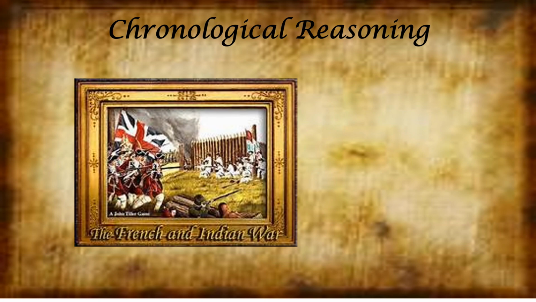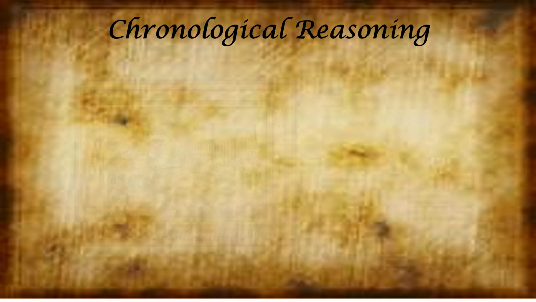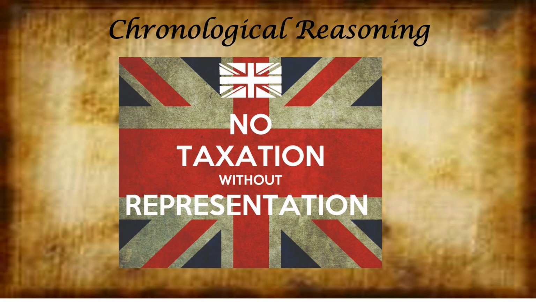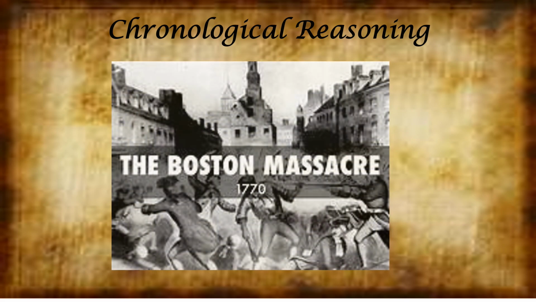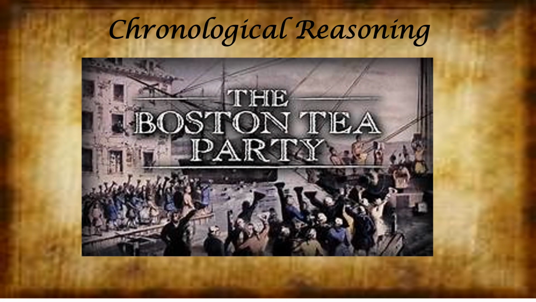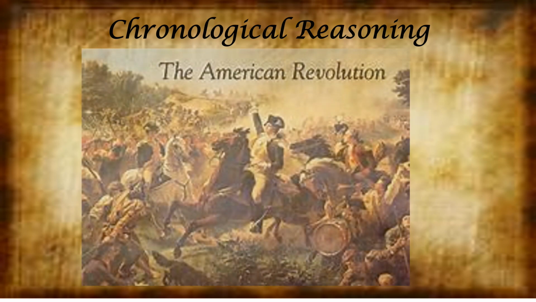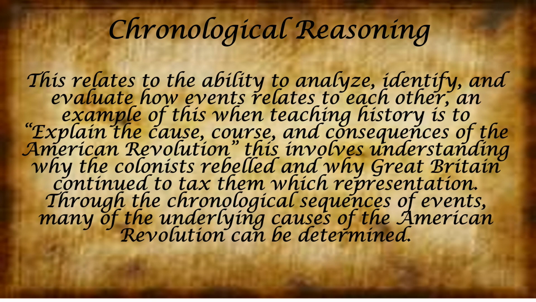This involves understanding why the colonists rebelled against Great Britain, and then also why Great Britain chose to tax the colonists without providing them with representation in Parliament. Now, through the chronological sequences of events, we can actually see some of the underlying causes of the American Revolution. And that's how we determine how events are either through correlation or by cause and effect related to each other.